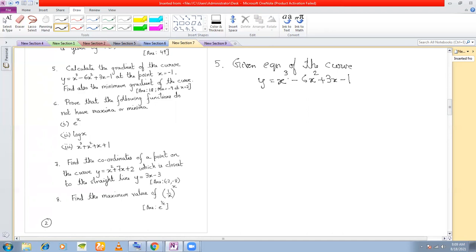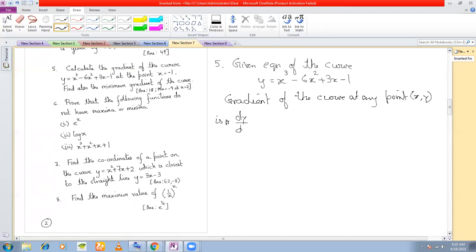Now, the first part of the question has nothing to do with maxima and minima. You simply need to find the gradient of the curve at the point x equal to -1. If you remember from your chapter on derivatives, when I was discussing differentiation, I told you the gradient of the curve at any point (x, y) is dy/dx.